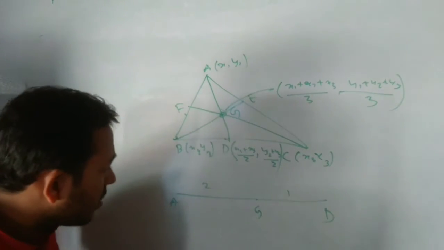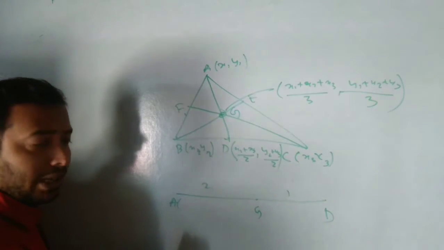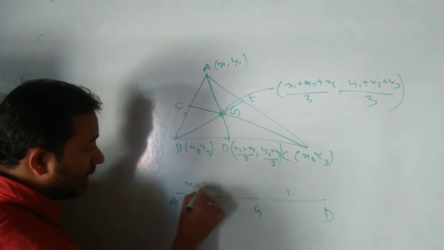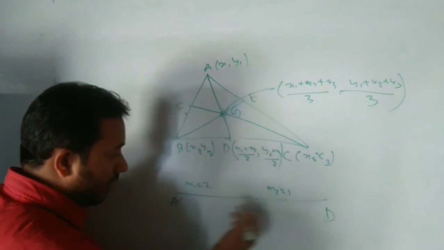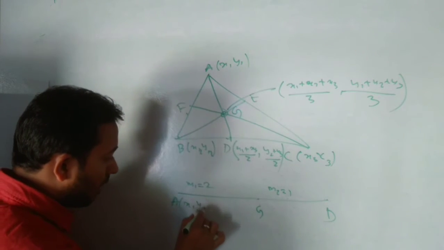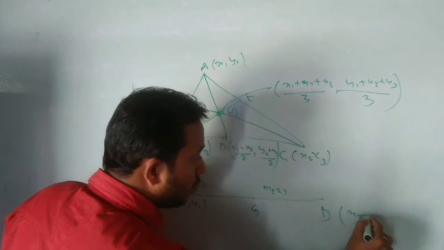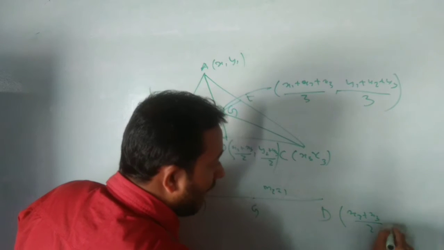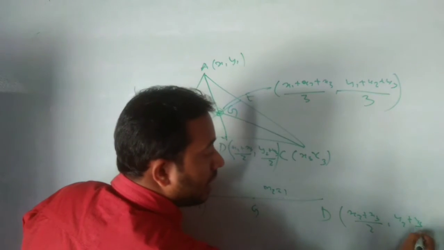Now you need to apply the section formula, as we have m1 here and m2 here, and we need to find this point. We have x1, y1 on this side, and on this side we have (x2 plus x3) by 2 and (y2 plus y3) by 2.